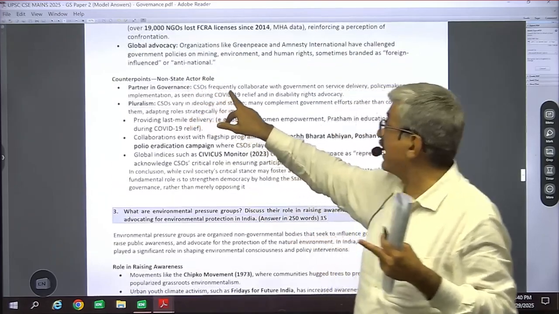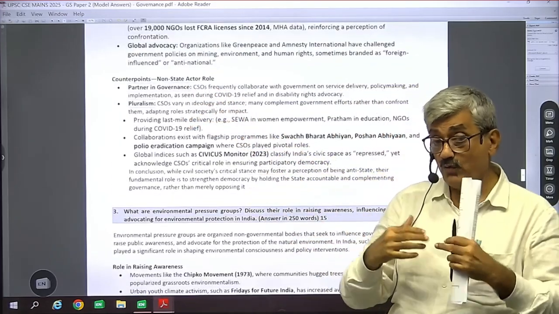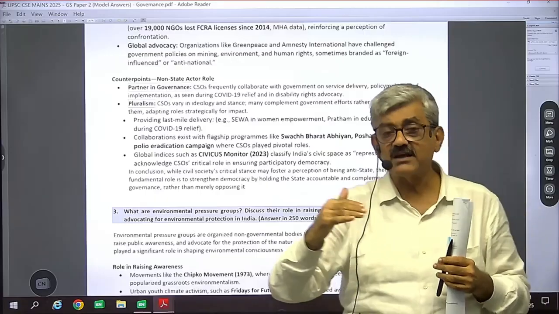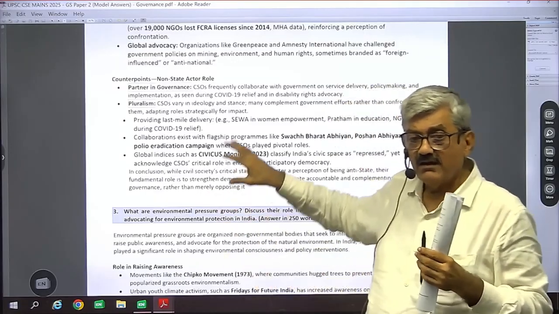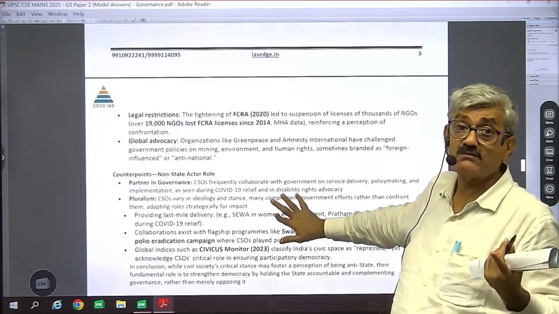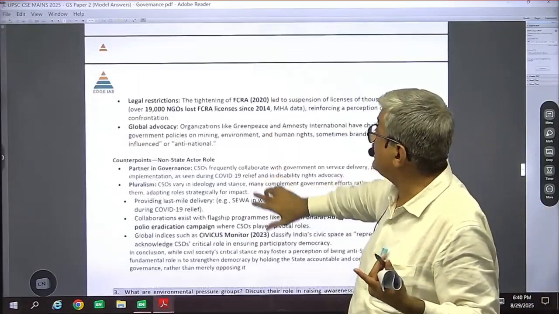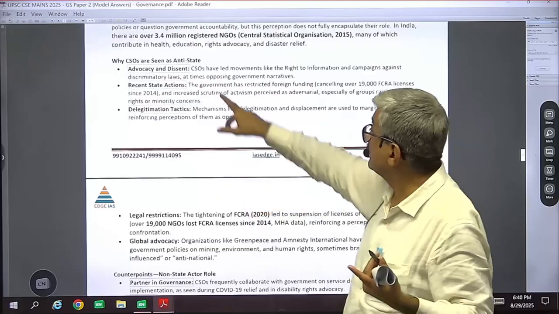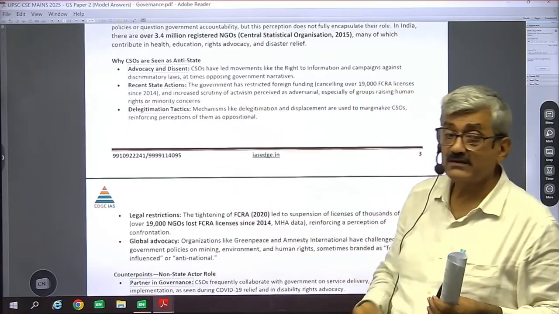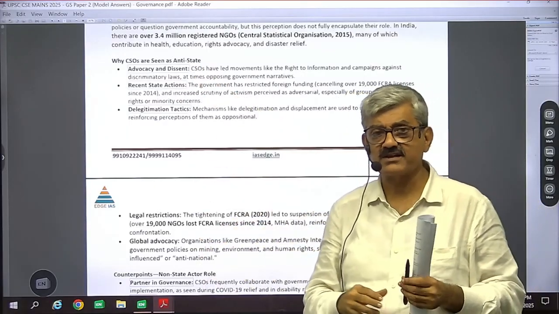Non-state actor roles are welcome, but on many occasions they cross their limits, maybe under the influence of foreign funding or something else, and then their anti-state role has to be restricted.